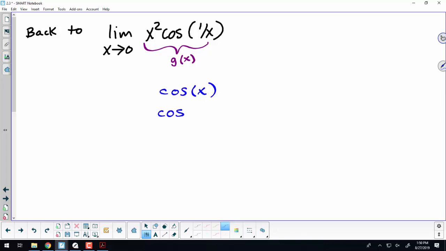If that's in between 1 and -1, then so is this. It'll look a little bit different, of course, because you've got a different argument. However, the cosine is always in between 1 and -1, so that's a good starting spot. It's not always the best spot to start with.